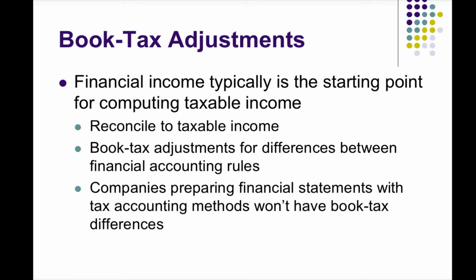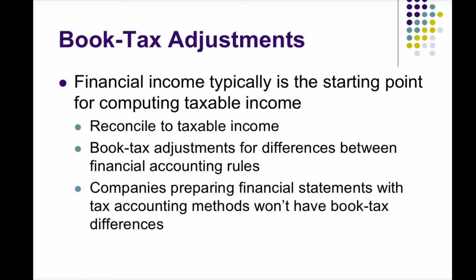But to make sure that those differences are allowable in both areas, in the GAAP accounting financial statements and also with corporate tax filing, you would keep track and reconcile taxable income to financial income, or vice versa.